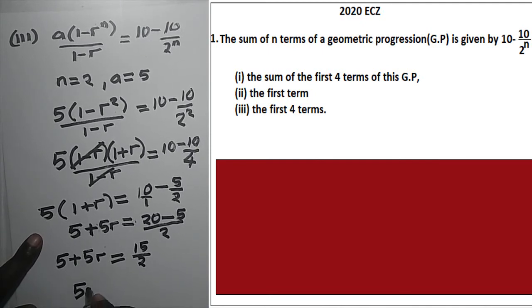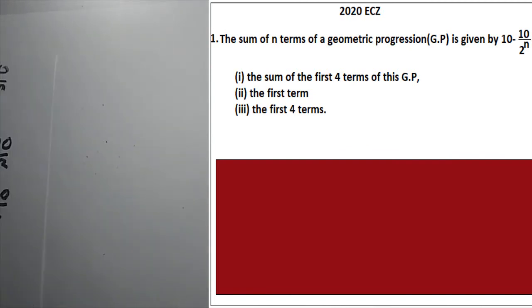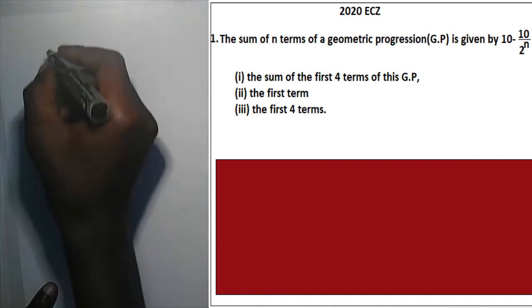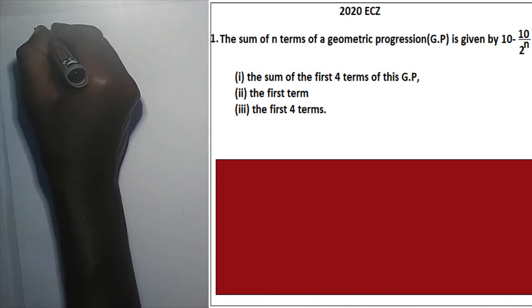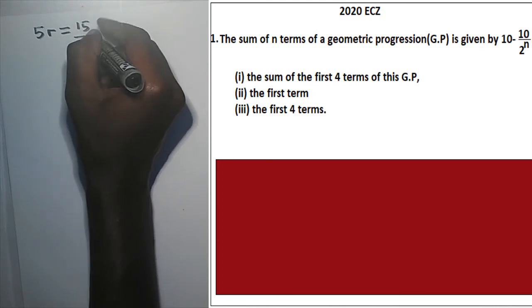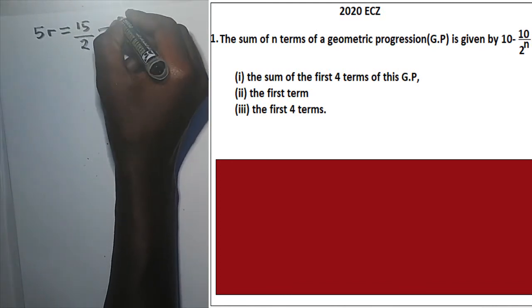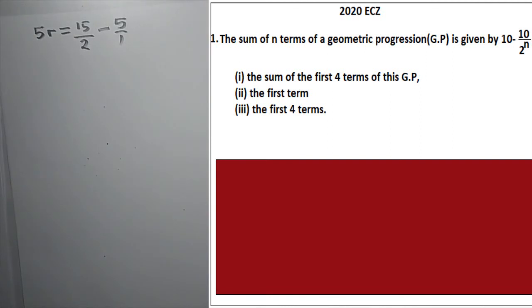And then we can collect like terms here. So 5r is equal to 15 over 2 minus 5. So you can write this 5 as 5 over 1. So we are going to continue also here. So what we have now is 5r is equal to 15 over 2 minus 5 over 1. So at this stage now, we are going to find common denominators.